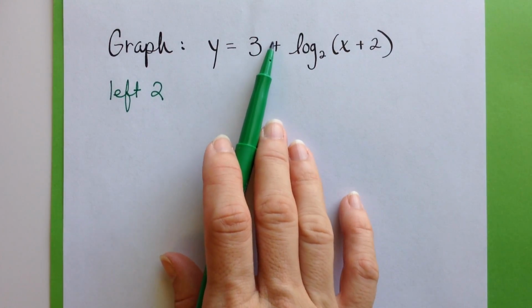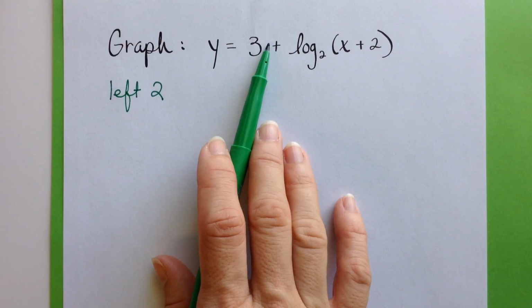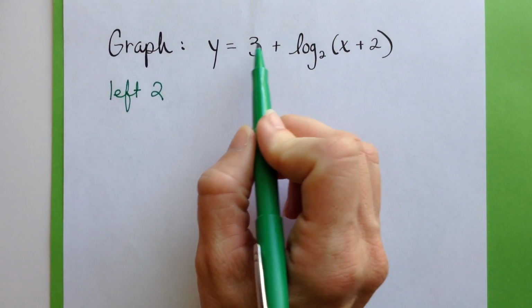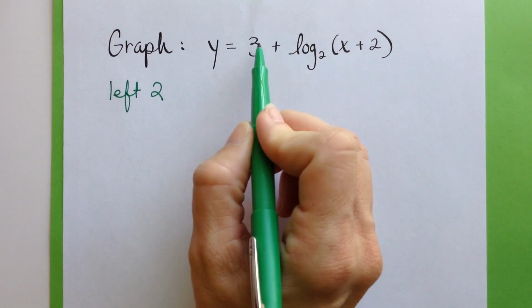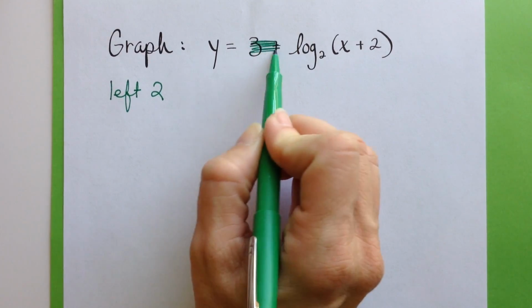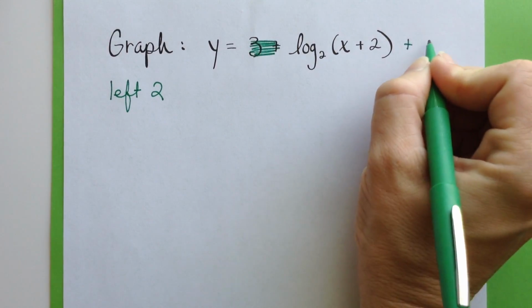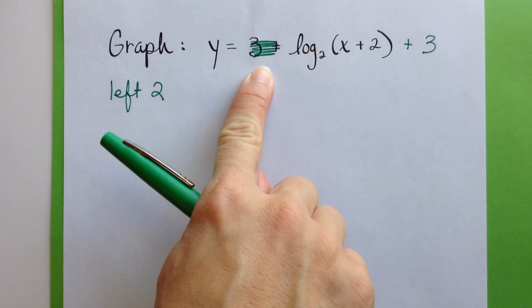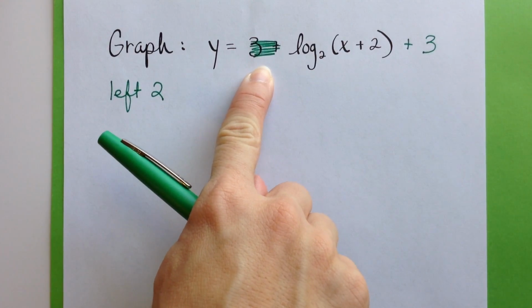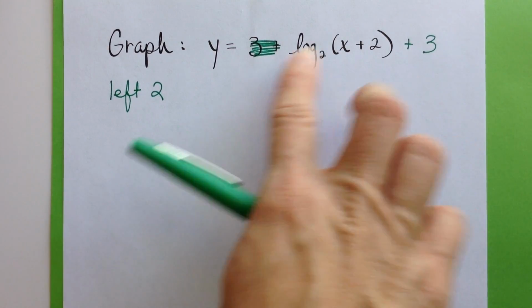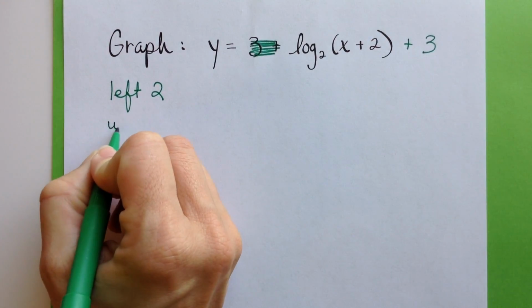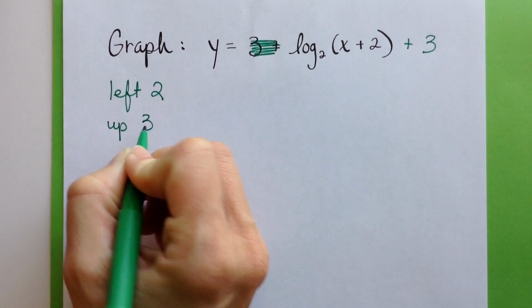You're used to something added or subtracted being here at the end. But I could take this and turn it around. Instead of this being my first term, I can bring it down to the end, and it's still the same thing. So sometimes you'll actually see it in front. So just be aware of that possibility. Looking at it this way, you would probably easily recognize that that is to go up 3.